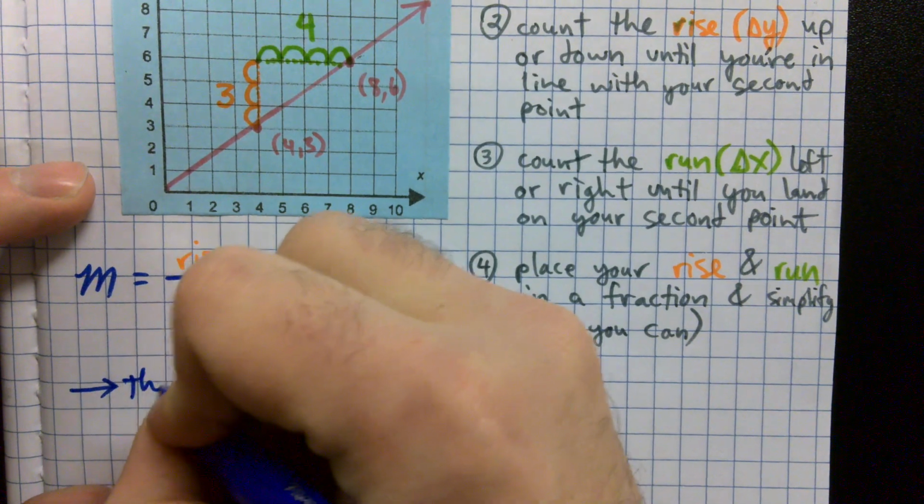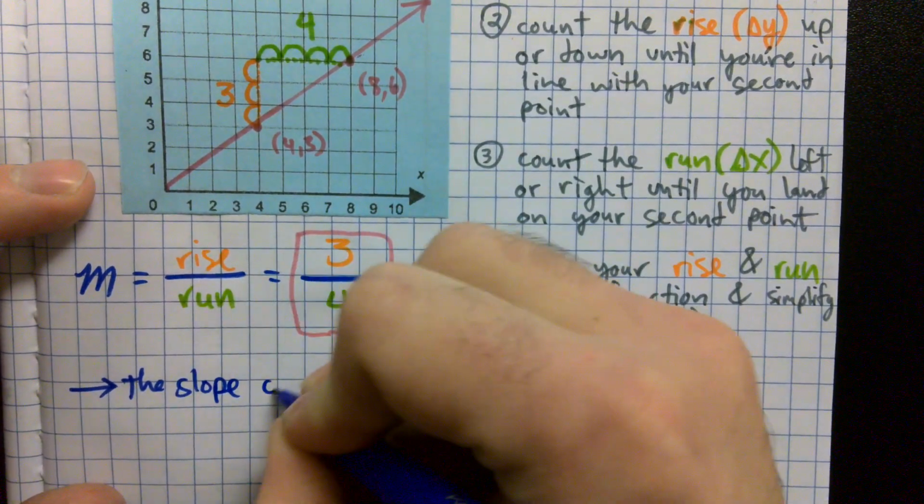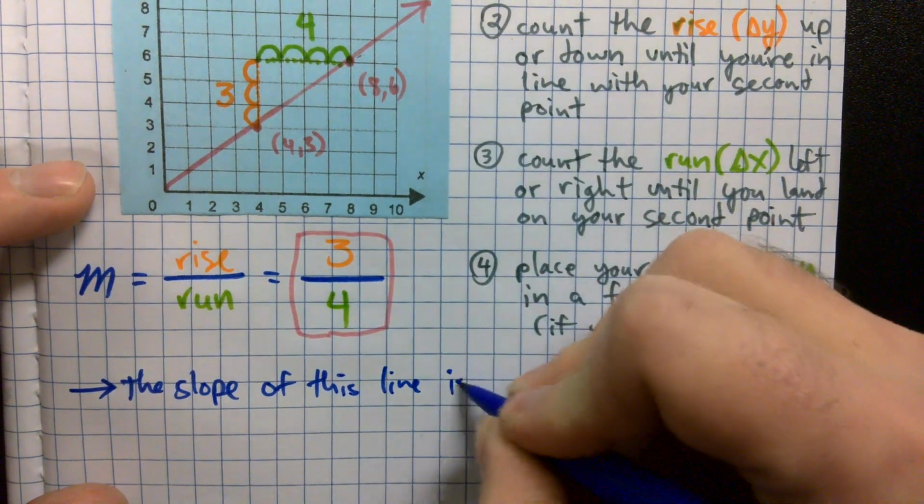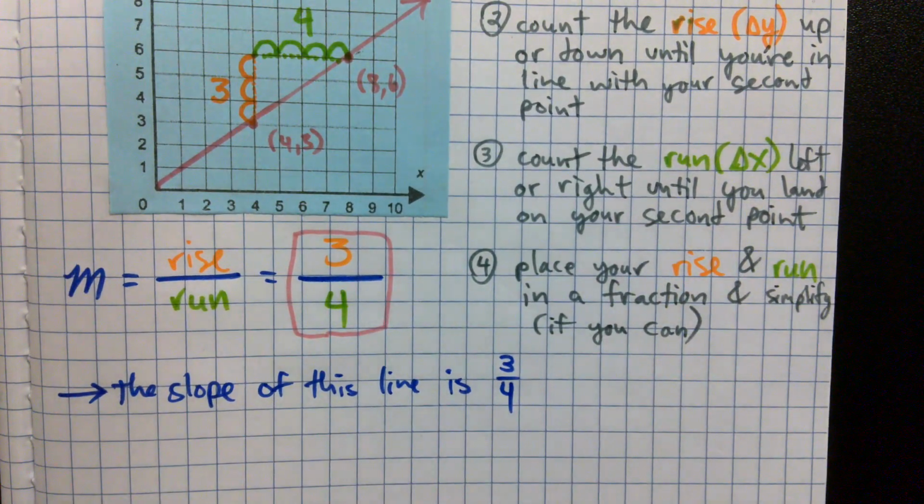So let's write in the slope of this line is 3/4.